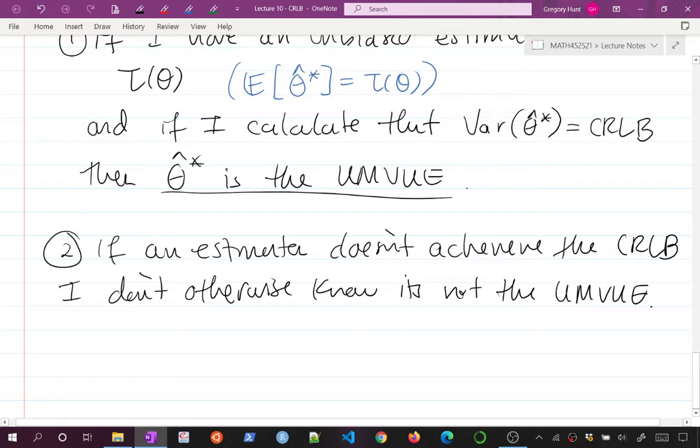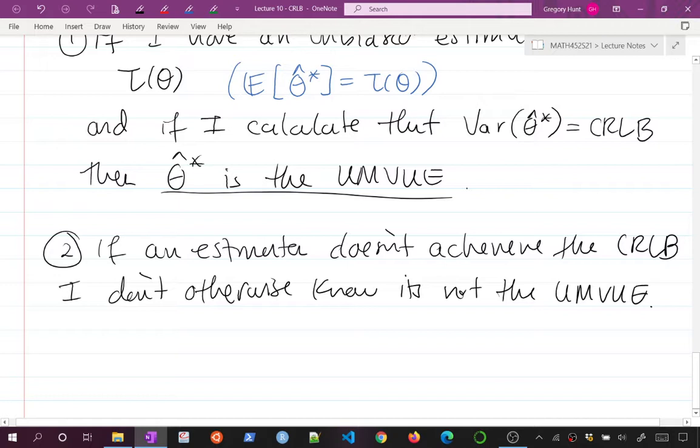If it doesn't, you don't necessarily know if it's the UMVUE or not. All we said is that there's a lower bound. Here's another lower bound, 0. Nothing has a variance lower than 0. Well, that's kind of a useless lower bound, right? Just because an estimator doesn't achieve 0 variance doesn't mean it's not the best estimator.